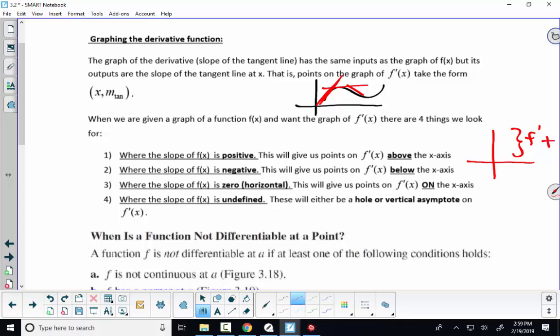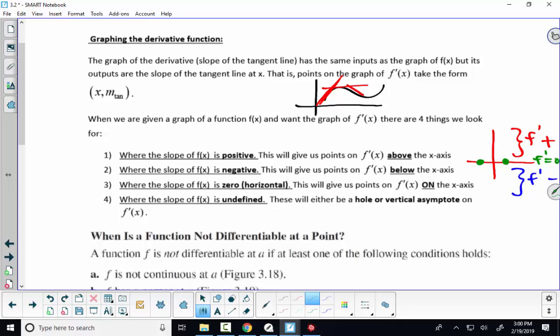Where the slopes are negative, the derivative is negative, below the x-axis. So f prime is negative. Where the slope is horizontal, you've got a 0 slope, which is on the x-axis. It could be horizontal more than once, but this is when f prime is equal to 0.